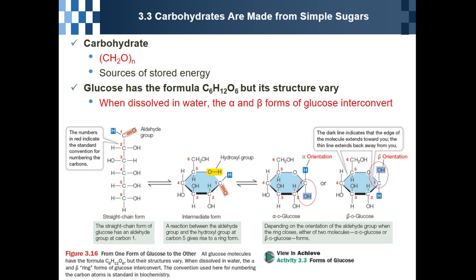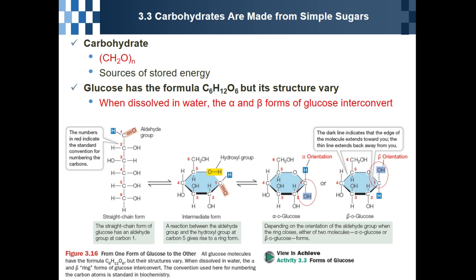Based on this formula, we can find that oxygen is 6. 1, 2, 3, 4, 5, 6. How about hydrogen? We can find 12. 1, 2, 3, 4, 5, 6, 7, 8, 9, 10, 11, 12, like this.